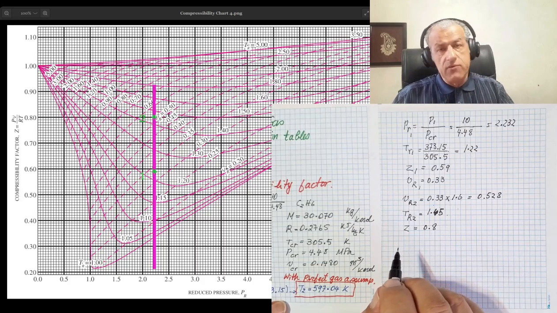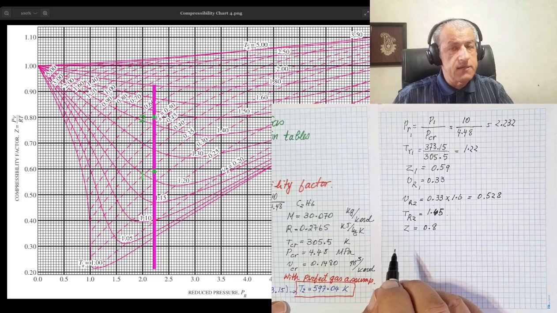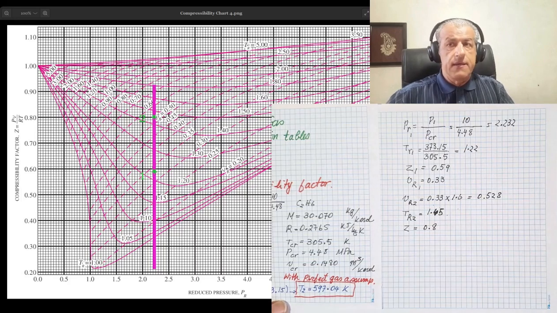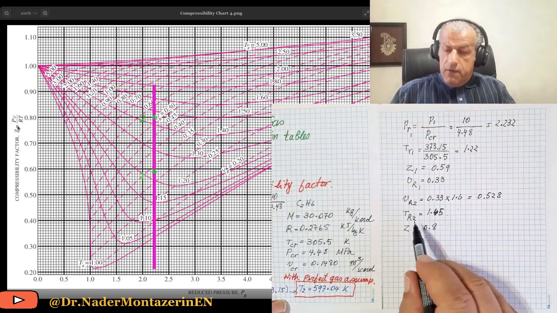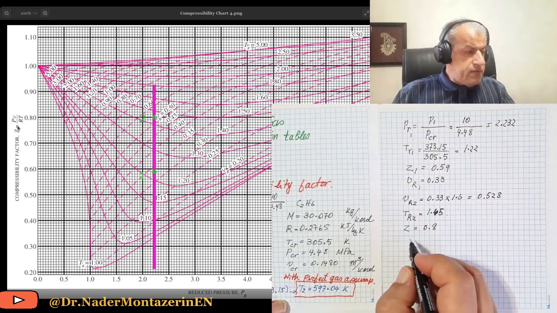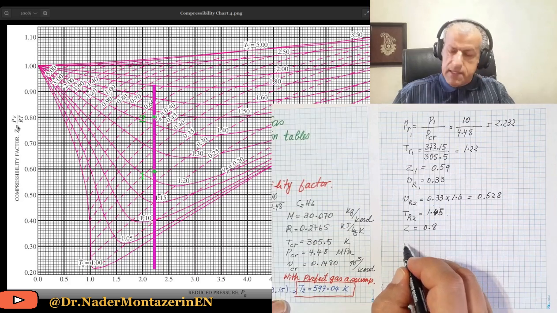These are the values that we read from the chart, which, as I said, is exactly a graphic representation of PV equals ZRT. It's a graphic representation of this equation.